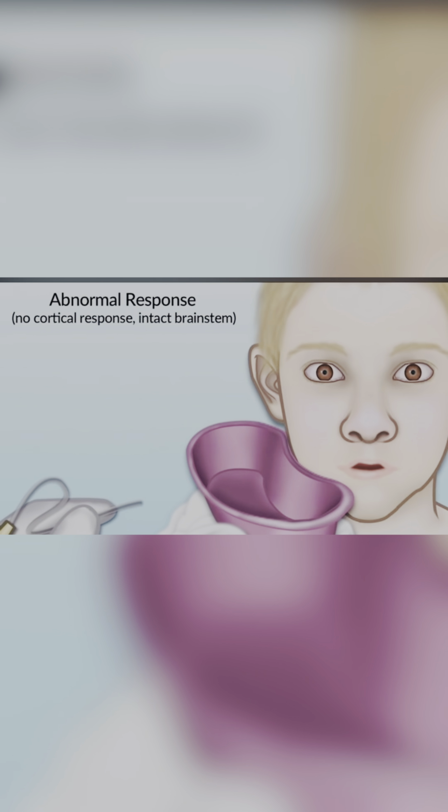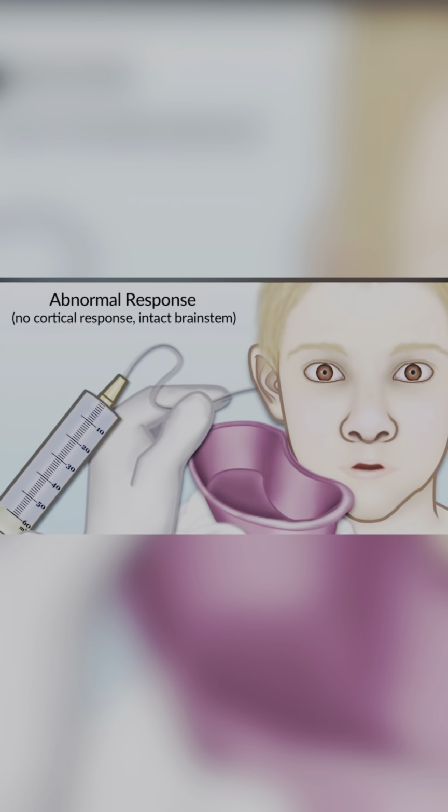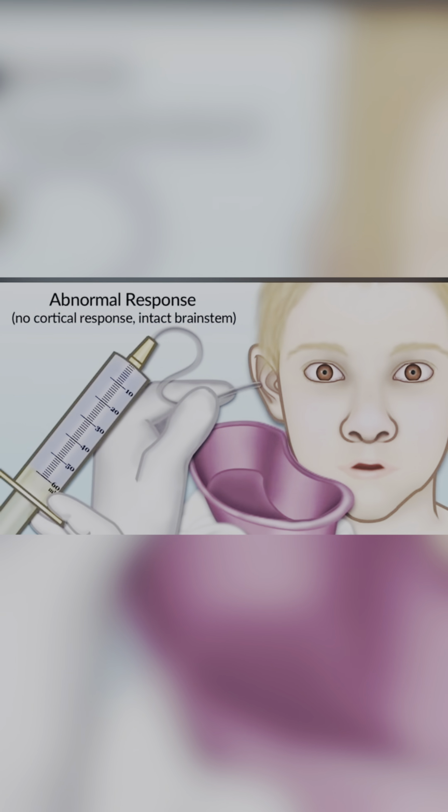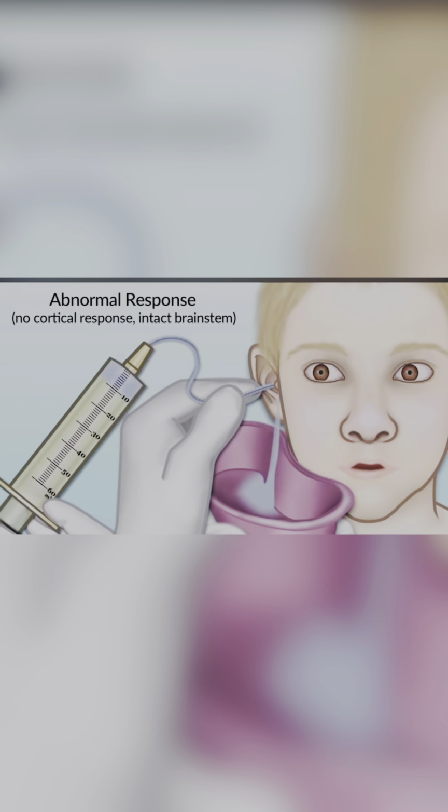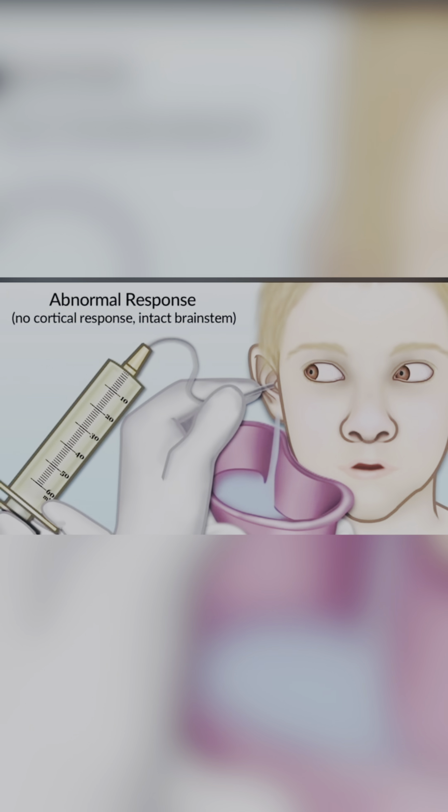After instilling cold water into the ear, you may need to wait 90 to 120 seconds to observe for any response. For patients in which there is a lack of cortical response based on earlier tests, the brainstem may still be intact. When you instill cold water into the otic canal, if the brainstem is still intact, you will observe the eyes turn slowly toward the cold water stimulus.